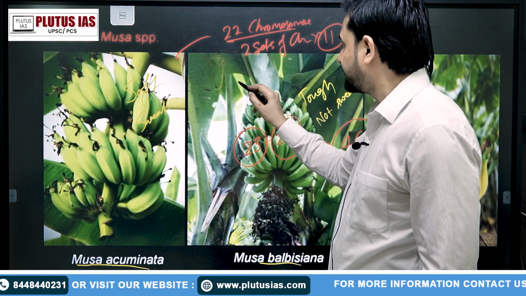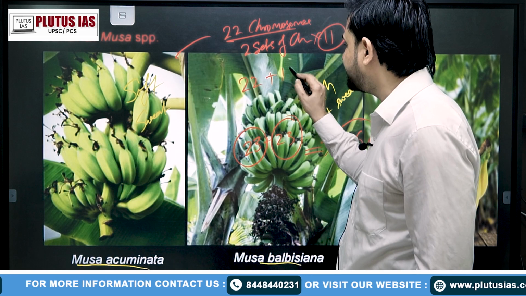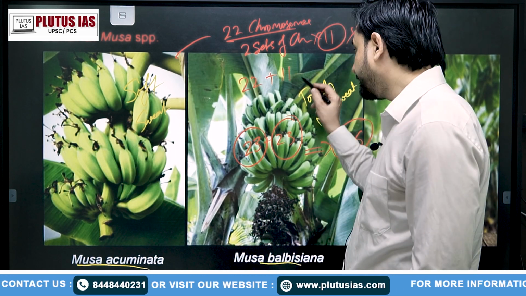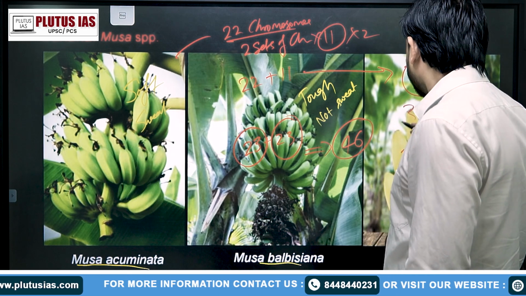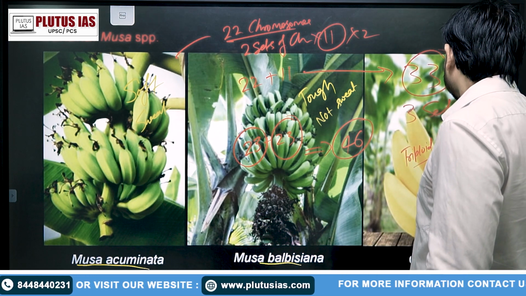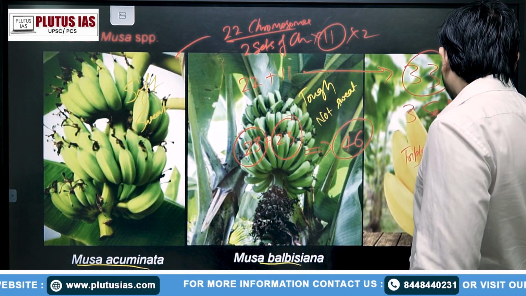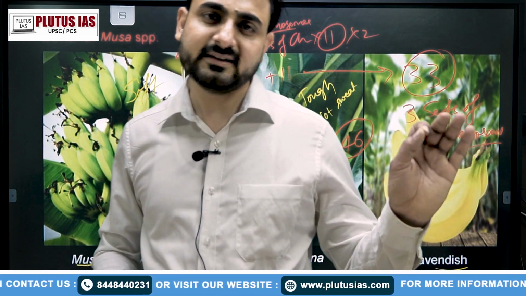One parent provided 22 chromosomes and another parent provided 11 chromosomes. So it consists of a total of 33 chromosomes, means it consists of 3 sets of chromosome.